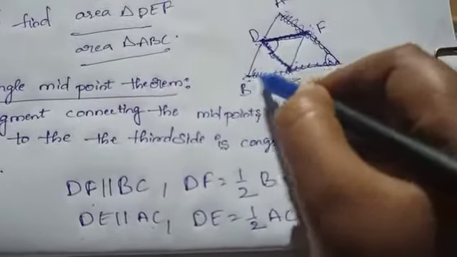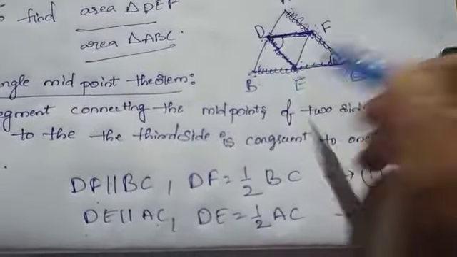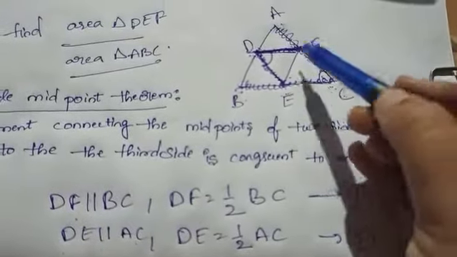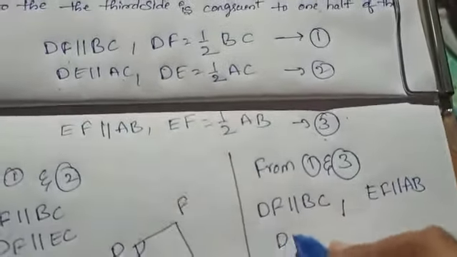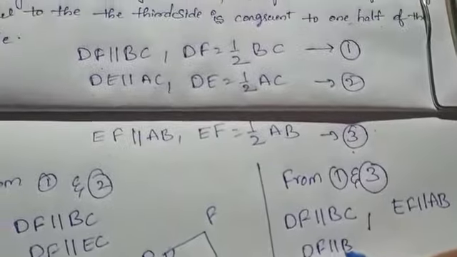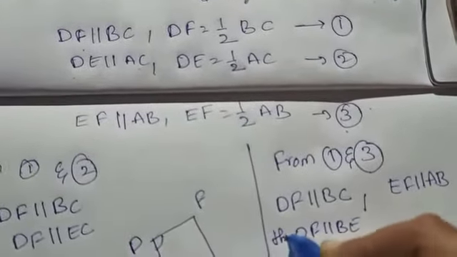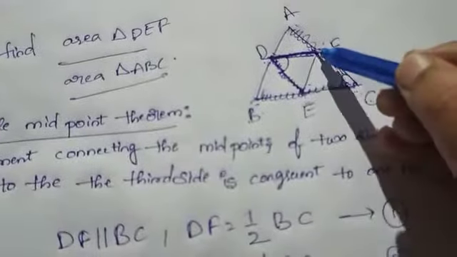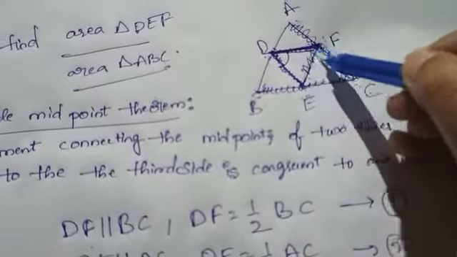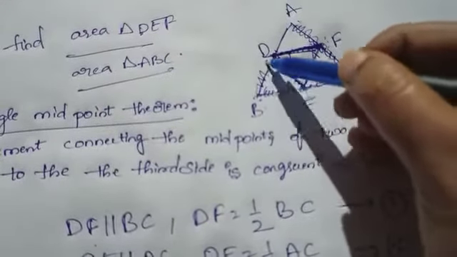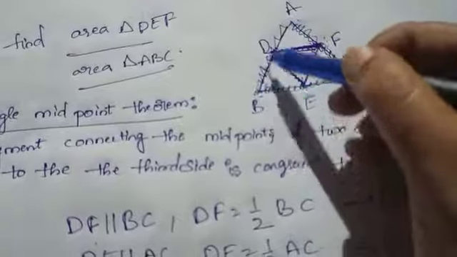DF is parallel to BC, so DF is parallel to BE. And EF is parallel to AB, so EF is parallel to BD.